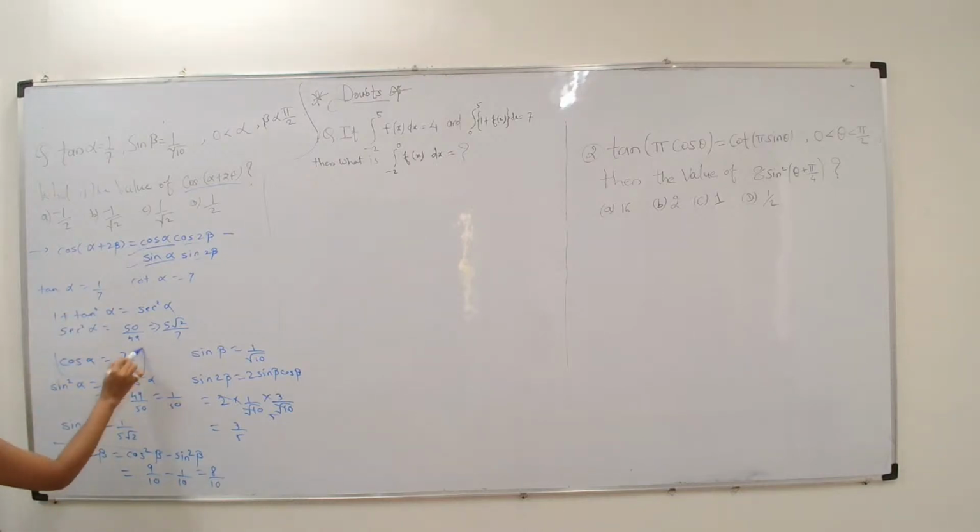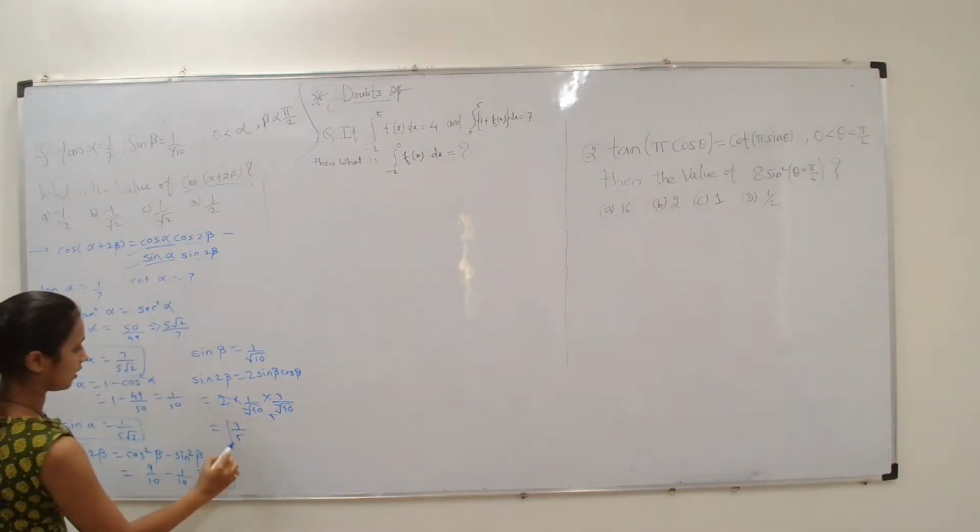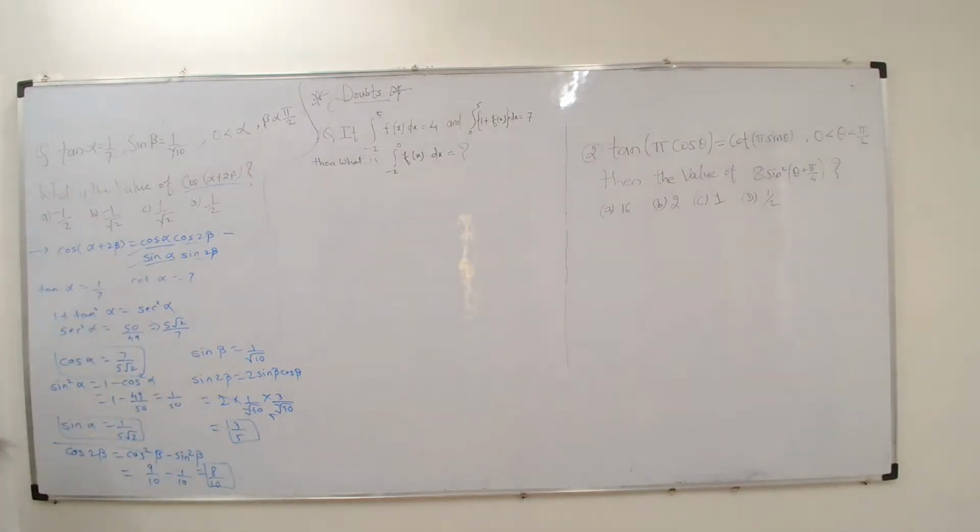See, cos alpha is here. Cos 2 beta is here. Sin alpha is here. Sin 2 beta is here. Just substitute. So see, cos alpha into cos 2 beta will be 7 into 8, 56, and divided by 50 root 2 something. Minus the sin alpha into sin 2 beta. Do solve.